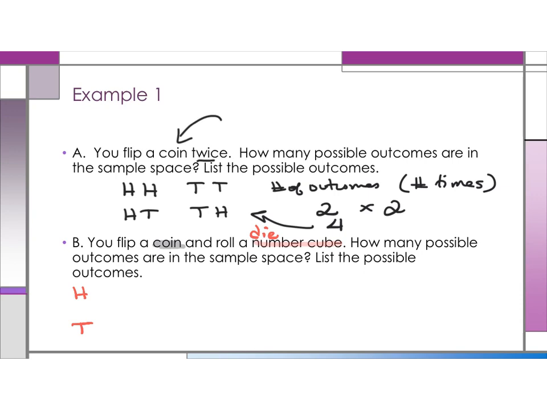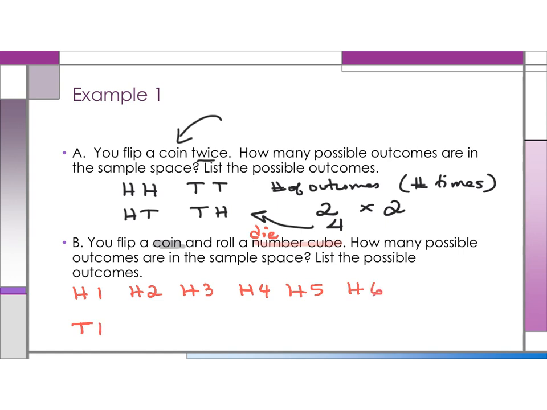And then with that head, when I roll the number cube, you can get a 1 with that head. You could get a 2, a 3, a 4, a 5, and a 6. Same thing with the tail.